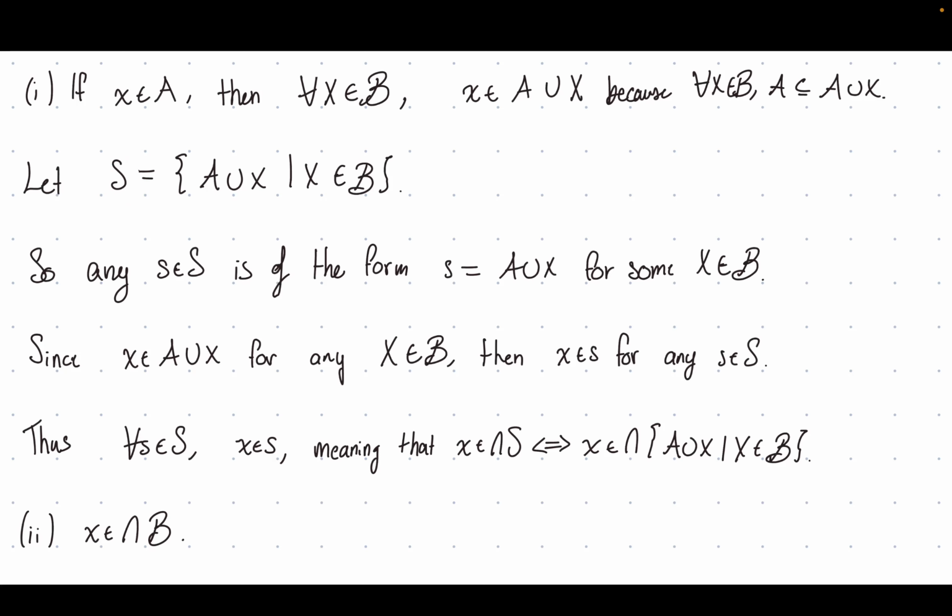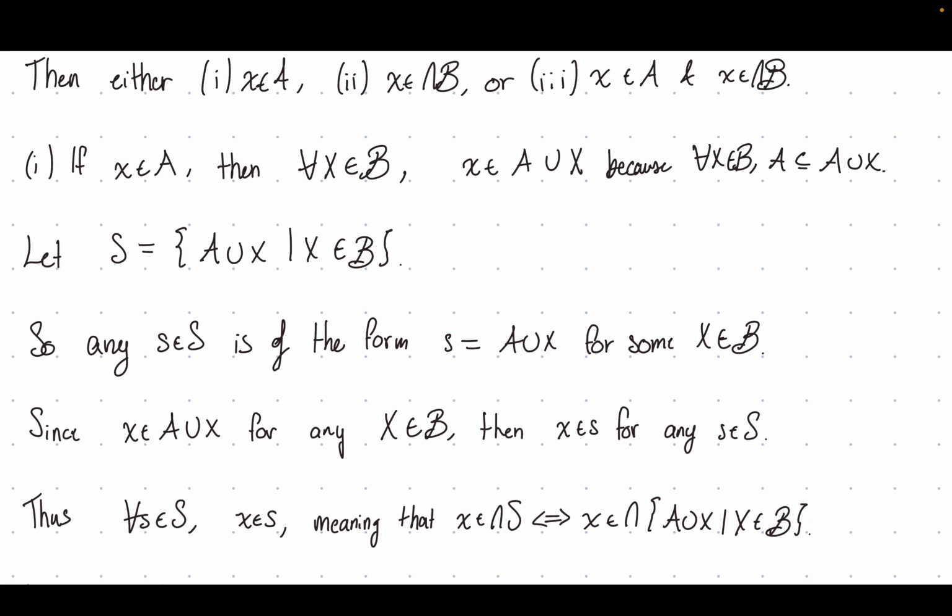And we made the argument that any element of big S, which we called little s, has to be of the form A union X for some big X in B. Right?